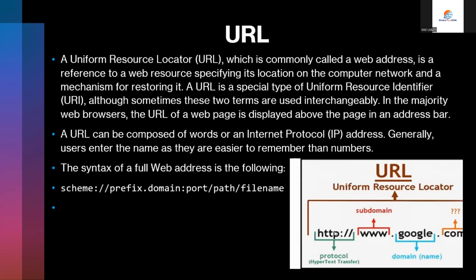This is the protocol we're using, HTTP. Without this protocol, we cannot see this information. So that's why there is HTTPS. And www is a subdomain. Within this subdomain, you have the domain name Google, and .com or .net or .edu. Those are the domain labels.